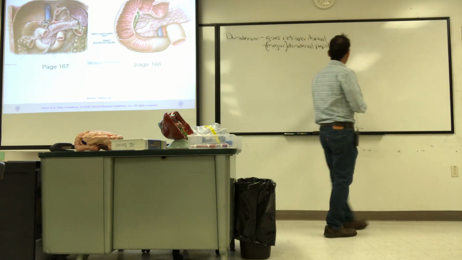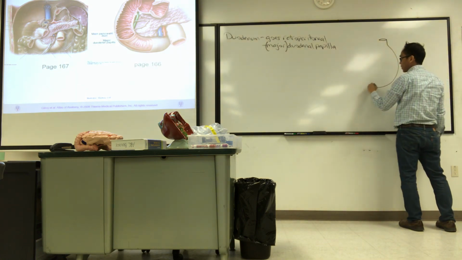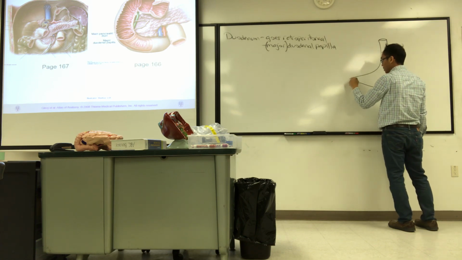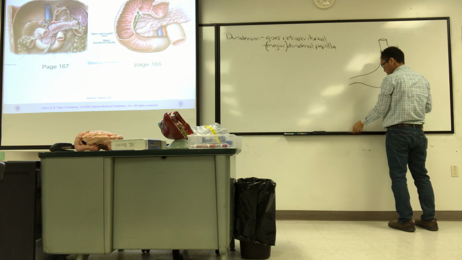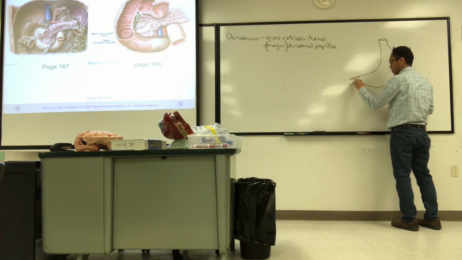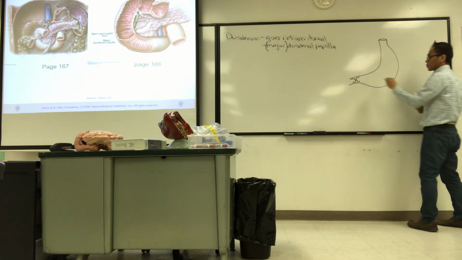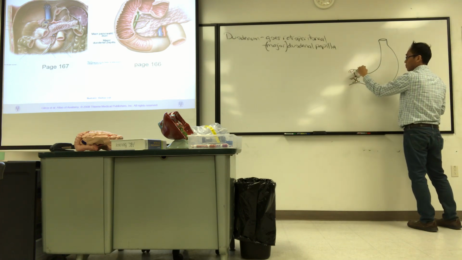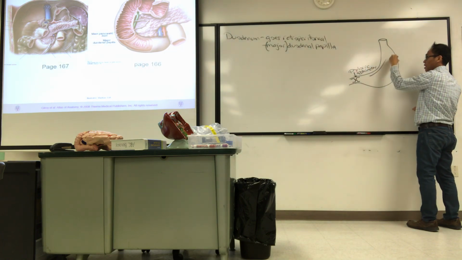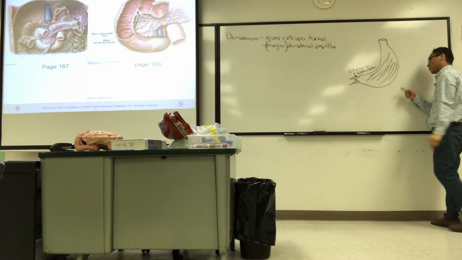So if you back it up all the way to the stomach, it narrows to the duodenum, and inside here there's that big sphincter, the pyloric sphincter. And then there are these longitudinal folds that run lengthwise with the stomach, and those are the rugae.